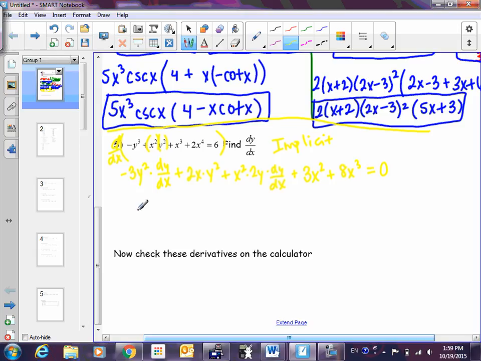Okay, so I want you to work on your own to figure out what dy over dx is. If you think you know how to simplify, go ahead and try it.